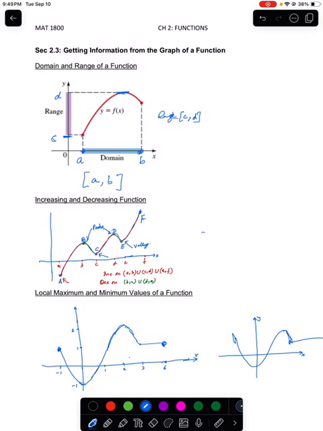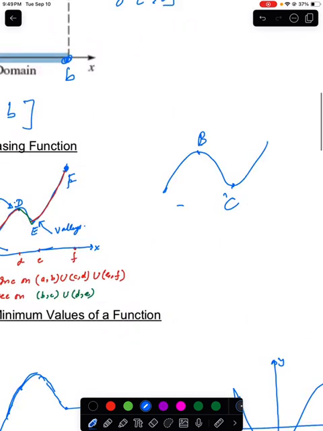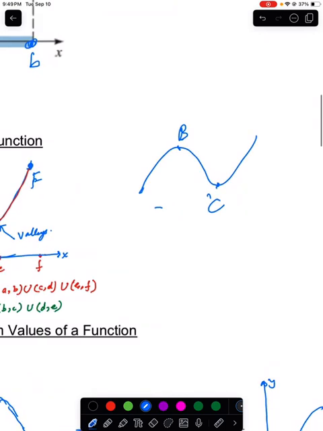So this was the point B and this is the point C. So in the neighborhood, just very close to B, now we know that there is another peak coming close by, and this was the D, I believe. So we look at the neighborhood of B, like this much.